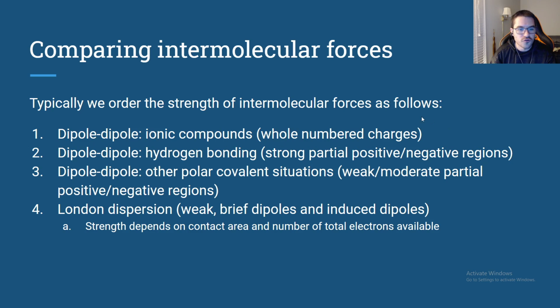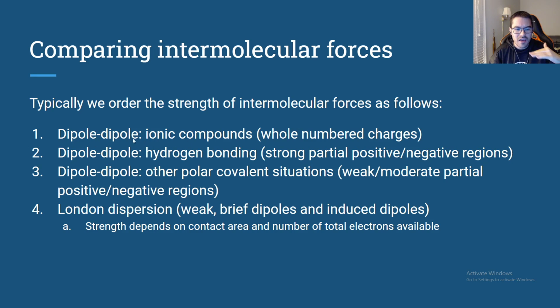The strongest intermolecular forces are going to be dipole-dipole interactions between ions, whole numbered charges. So think of sodium chloride, or magnesium phosphate. If you've got ions that have whole number charges, +1, -1, for example, or +2, -2, the dipole-dipole interactions between those ions is really, really strong.